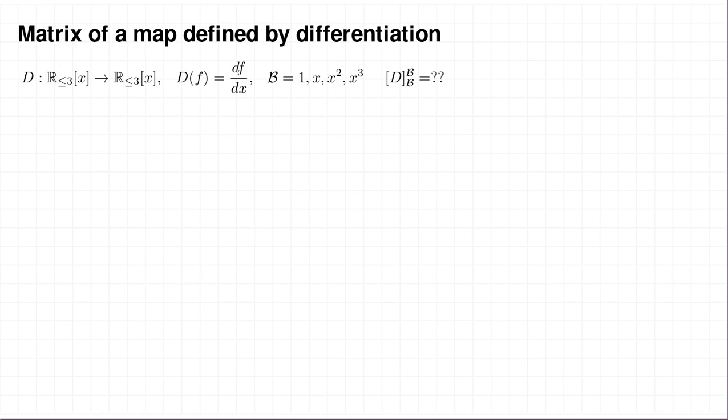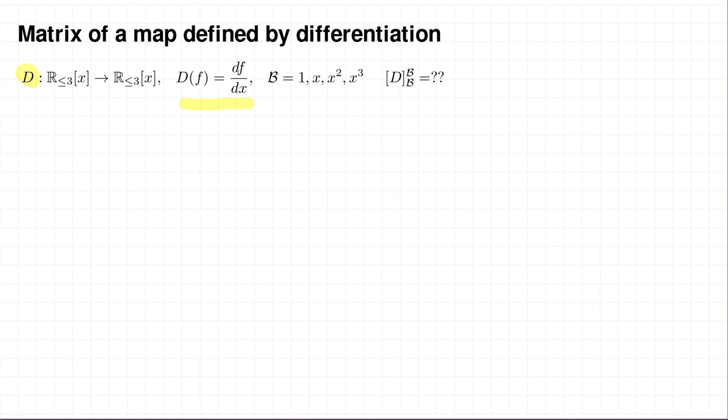Let's now try a more abstract example where we have a linear map defined by differentiation. This time our linear map D will be a map from the space of all real polynomials of degree less than or equal to 3 in the variable x to the same vector space. And the definition of the linear map will be D of f is df by dx.